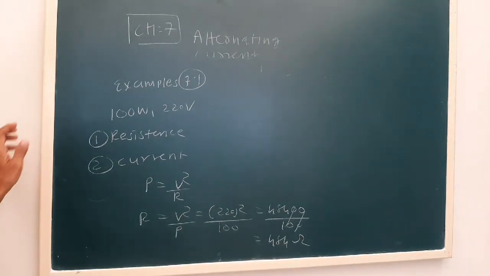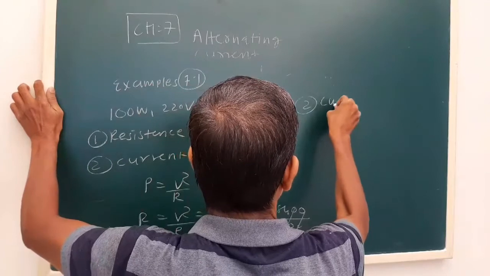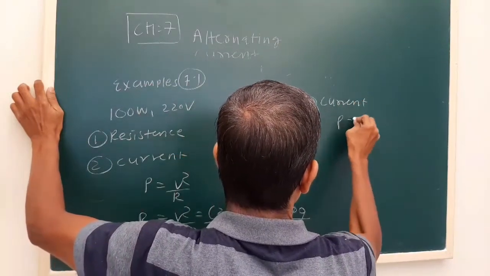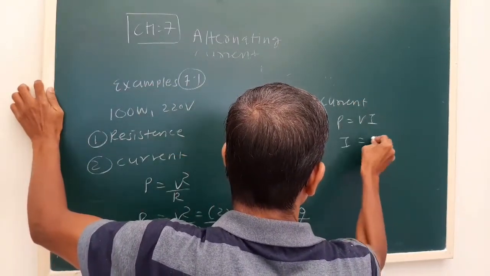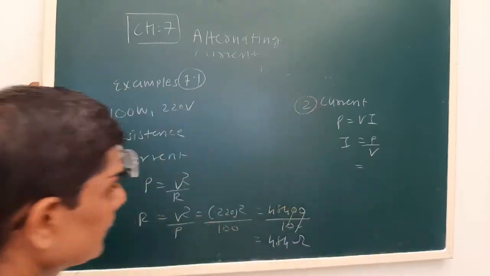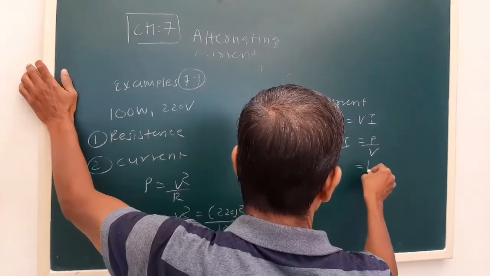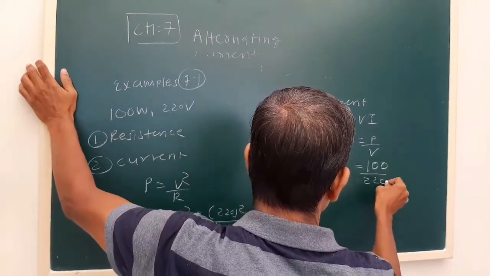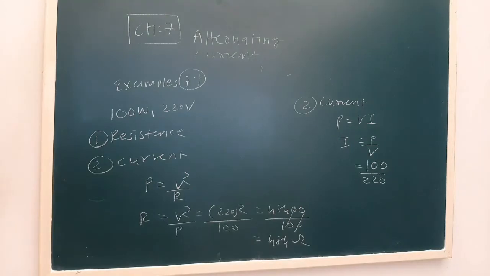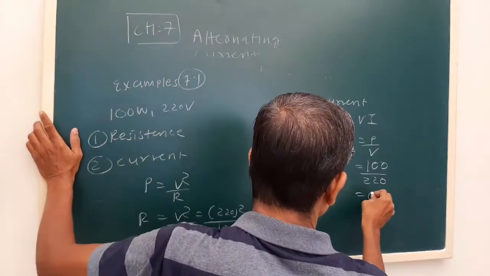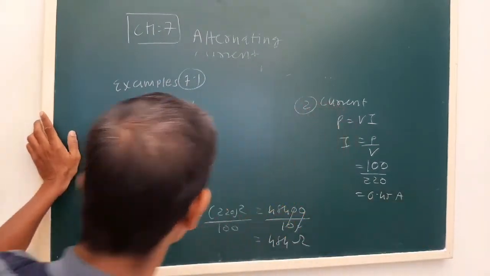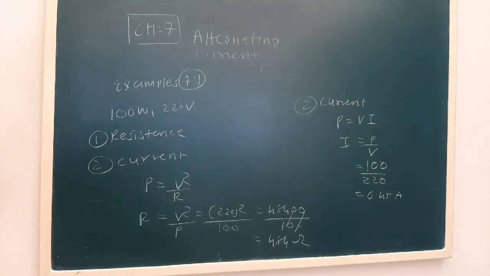Now the current part, we know the formula P is equal to VI. Here the bulb is only pure resistance, we do not consider any other component. So power is 100, voltage is 220, so we can solve it as 0.45 ampere. Okay, so this is about example number 7.1.